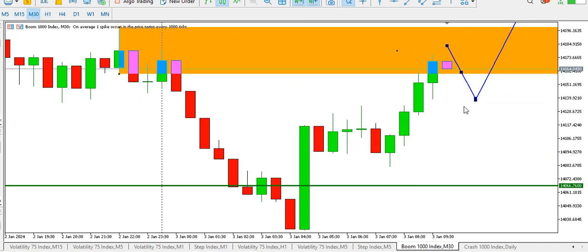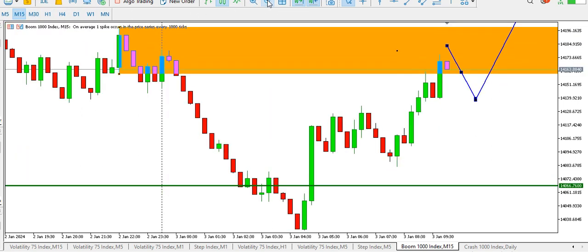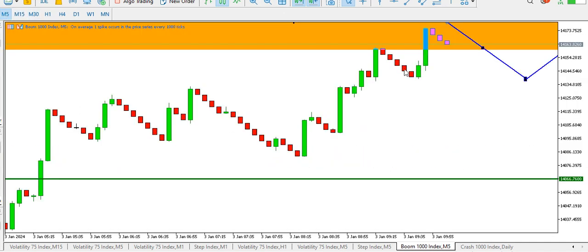On the 30 minutes time frame, look at what's going on. Price at the resistance level, might see a bit of a drop, and then price might likely go up. So for Boom 1000 index, look for buying opportunities for now as price continues to go up.